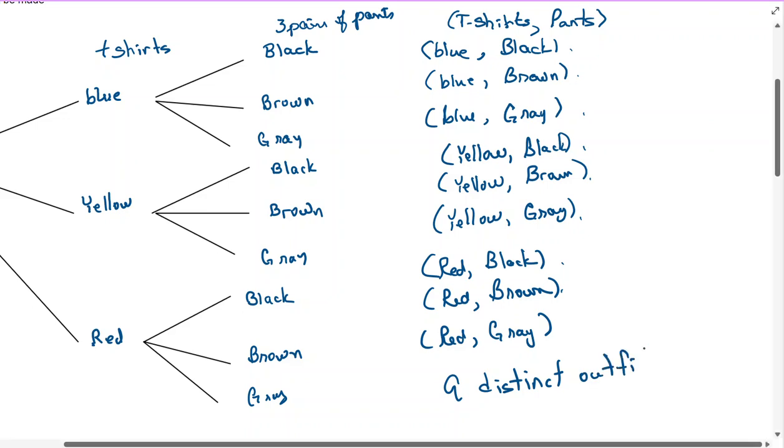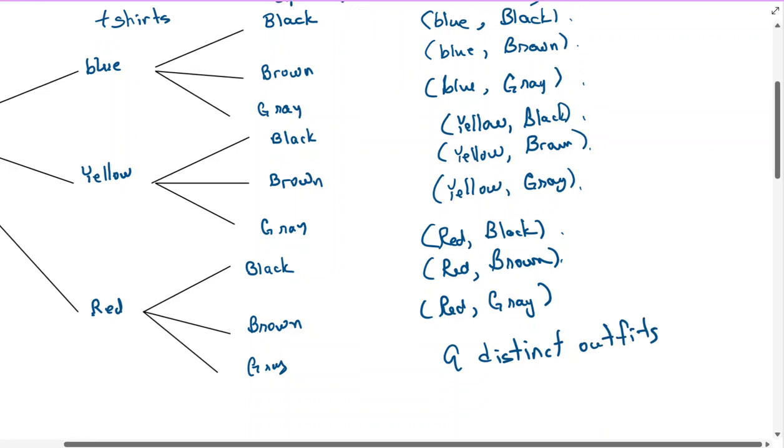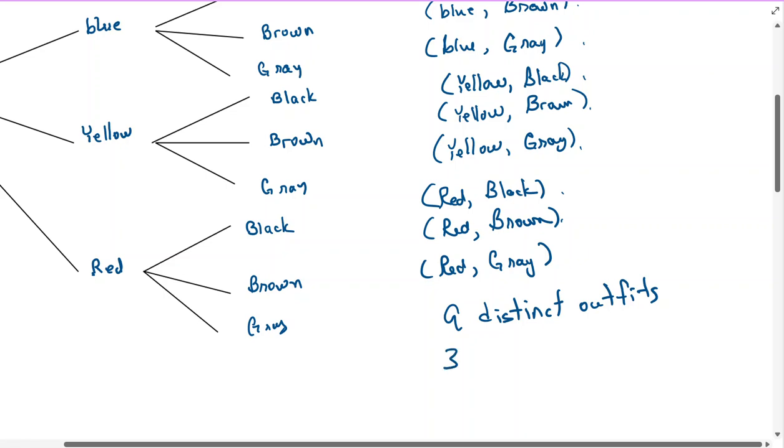Well, we notice that if we multiply the set of colored t-shirts times the pants, we come up with that number. And what we've demonstrated is a fundamental counting principle. So let's look into that.